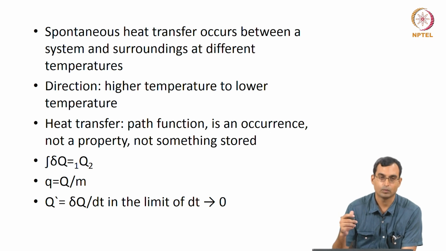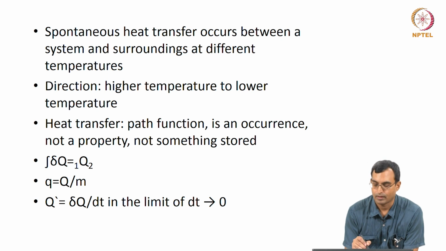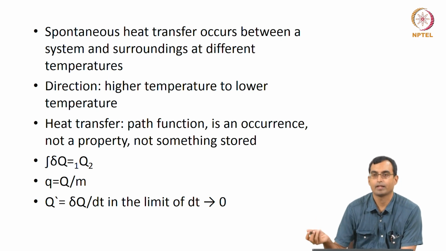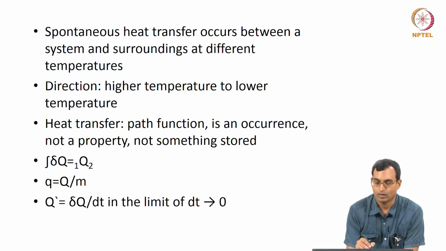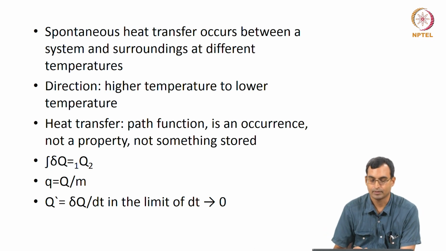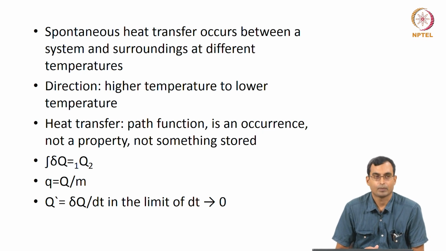So, the hot tea cools down, the cold ice cream warms up. Heat is transferred from the surroundings to the ice cream or from the hot tea to its surroundings, and it is always in the direction from a higher temperature to a lower temperature. But this is in the case of spontaneous heat transfer.